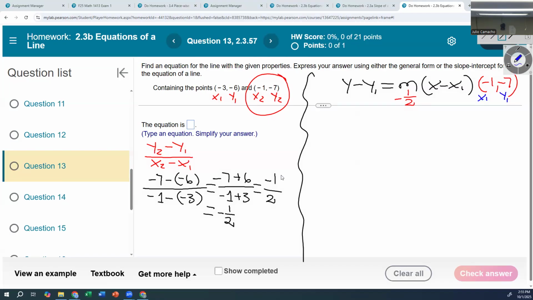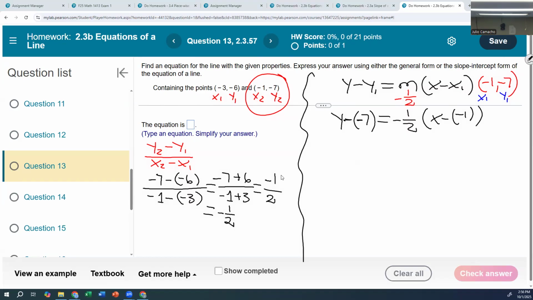And now that I have all the information I need, I can plot my equation. So y minus y1 will be y minus -7, is equal to the slope -1/2 times x minus x1, which is x minus -1. So let's clean up the equation.